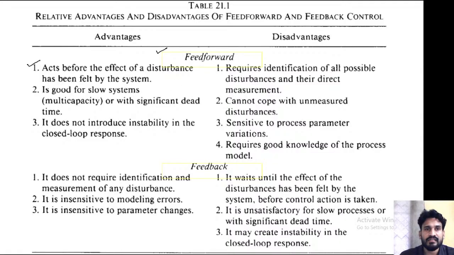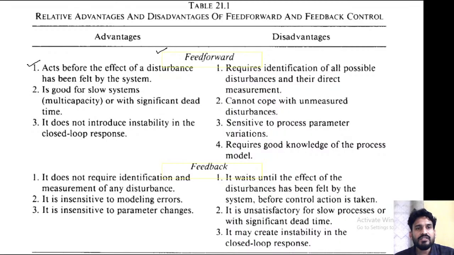One point is its advantage, and this is the disadvantage of the feedback: it waits until the effect of the disturbance has been felt by the system before control action is taken. So in the feedback, the system is disturbed, and after that control takes action, so instability is introduced in the system. That is a disadvantage for us.